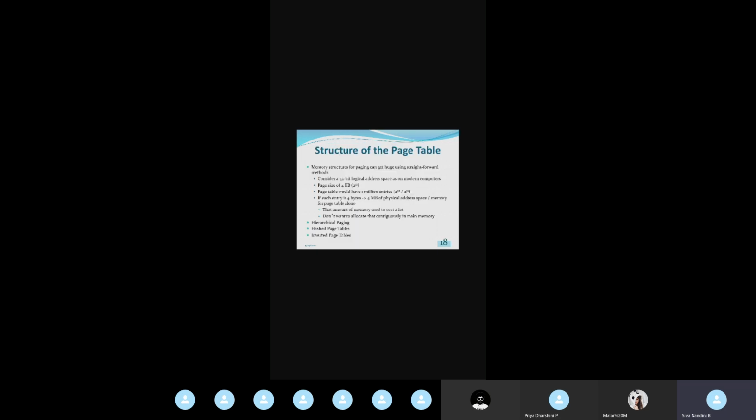Then we saw the structure of page table. That is, if the number of bits in the logical address is high, we'll be having a large size page table. So a large continuous memory location will be required for the page table itself. To avoid that, we are going for hierarchical paging.